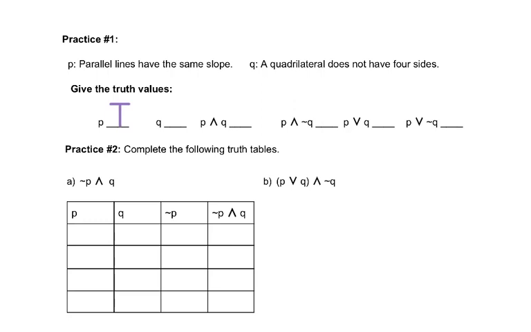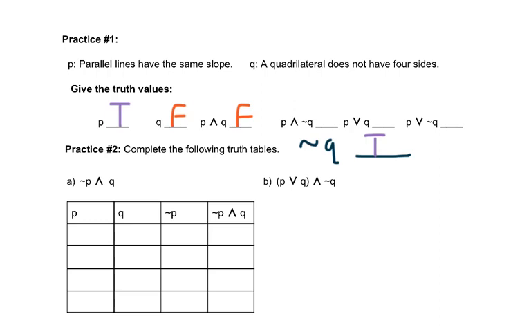Q, a quadrilateral does not have four sides. Well, that is false because a quadrilateral definitely has four sides. P and Q, we need both of them to be true in order for it to be true. So this one's going to be false. P and not Q. Alright, well that's something new that we haven't seen. So not Q is going to negate whatever we had for Q. So we had that Q was false, so now we want not Q to be true.